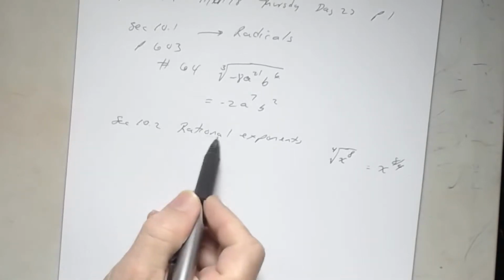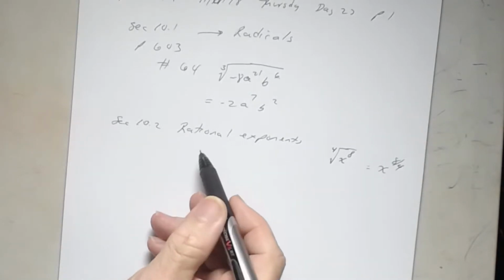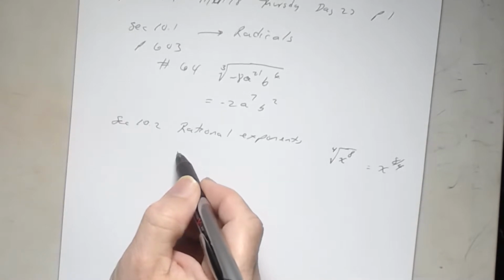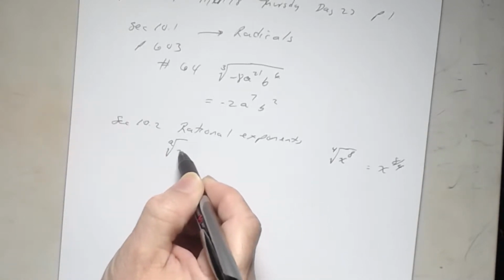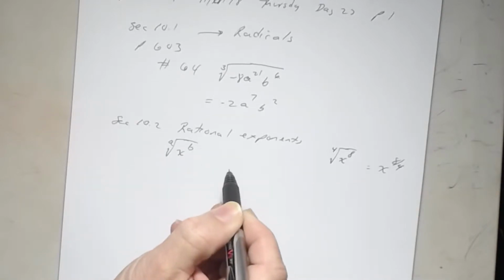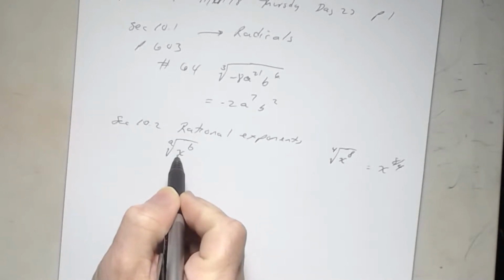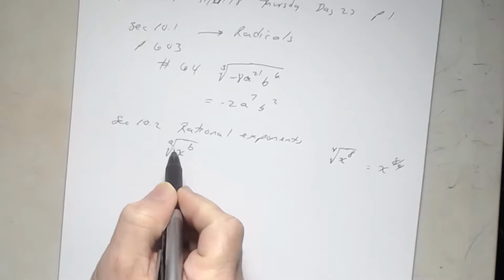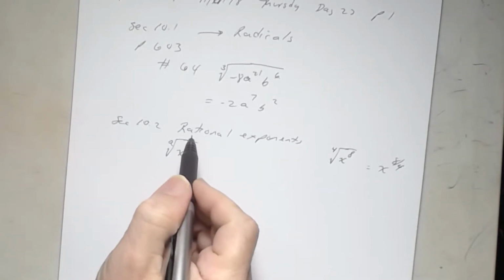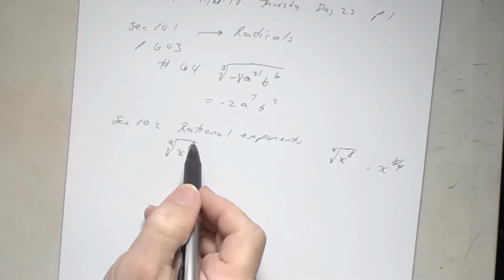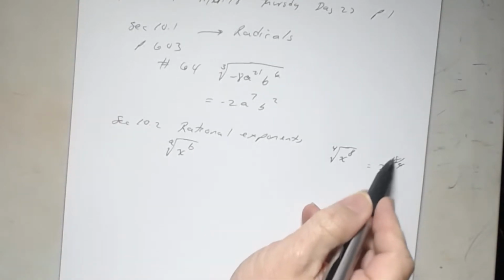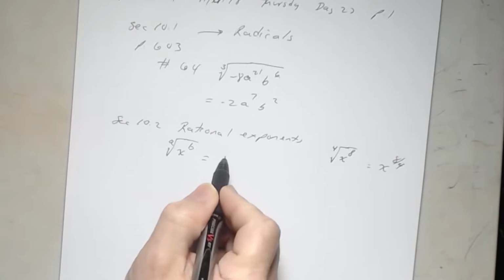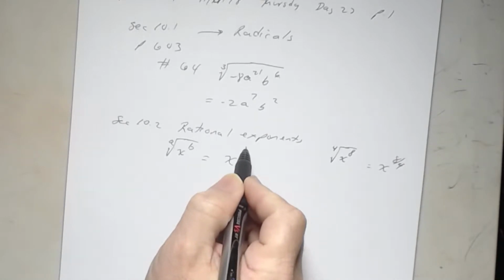So when we talk about rational exponents, it'll look something like this: you have the a root of x to the b power, and I want you to write it as an exponent. Rational means, think of the word fraction. So I can write this as x to the what fraction?